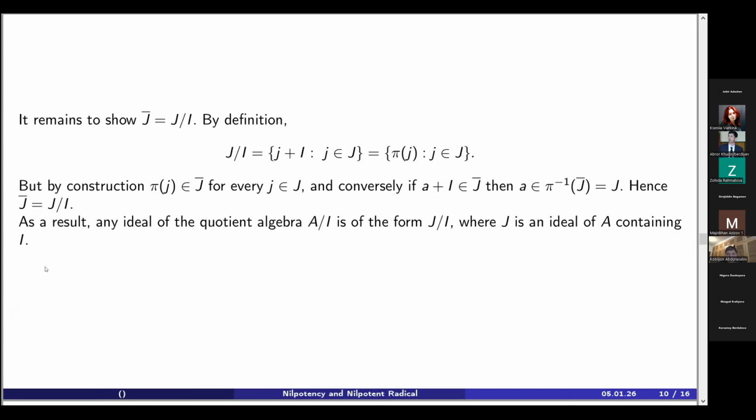As a result, any ideal of the quotient algebra A/I is of the form J/I, where J is an ideal of A containing I.